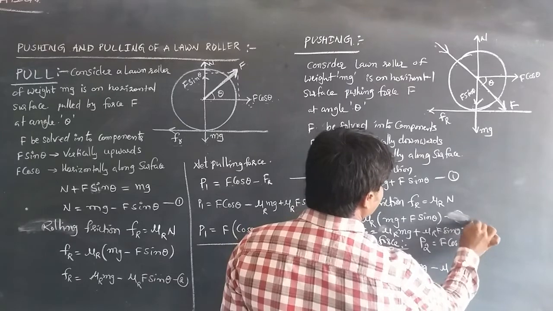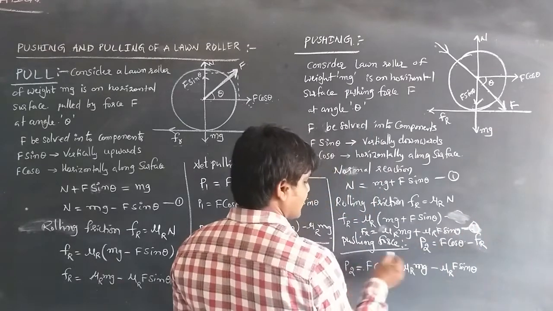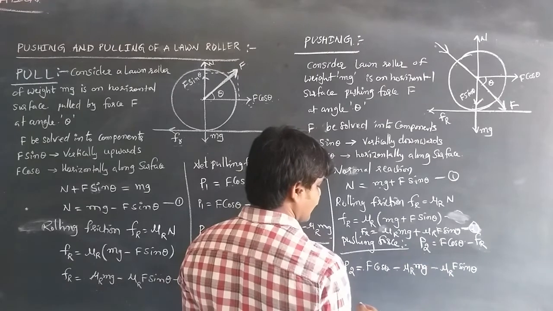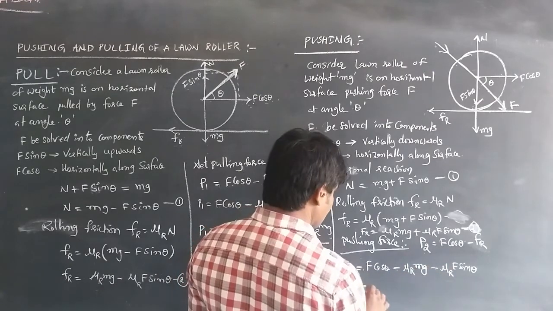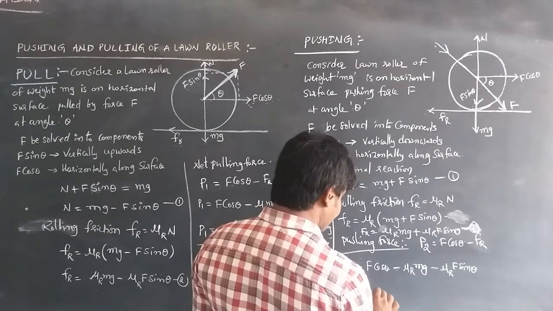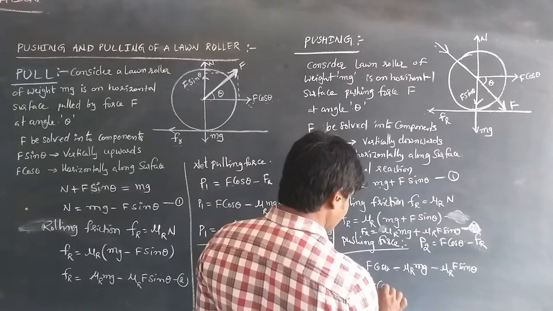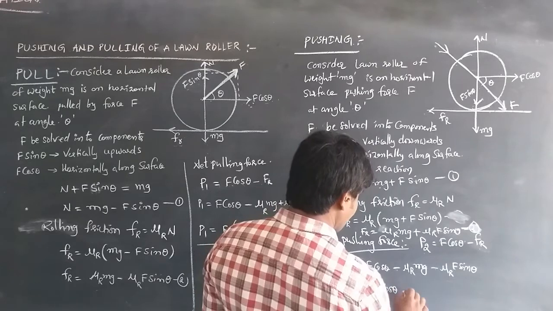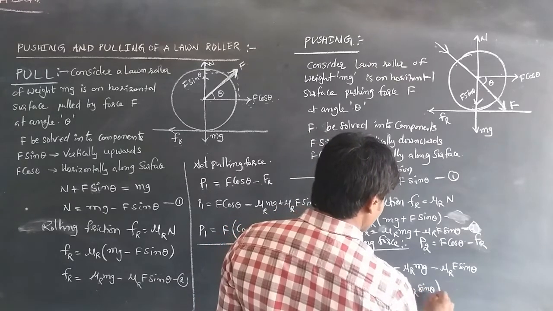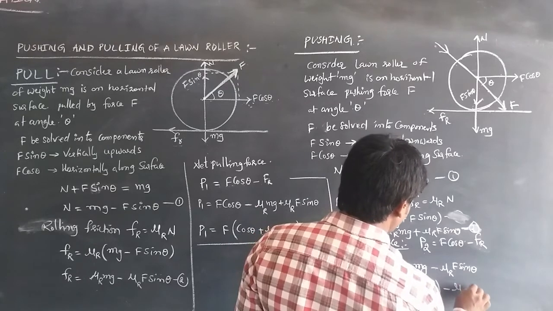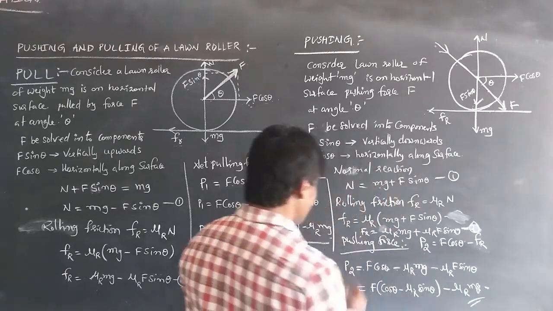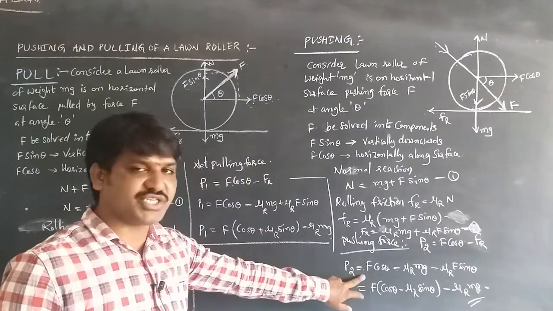From that equation, substituting minus into plus gives minus. F is common, so we write F of (cos theta minus mu r sin theta) minus mu r mg. This will be the equation for the pushing force.